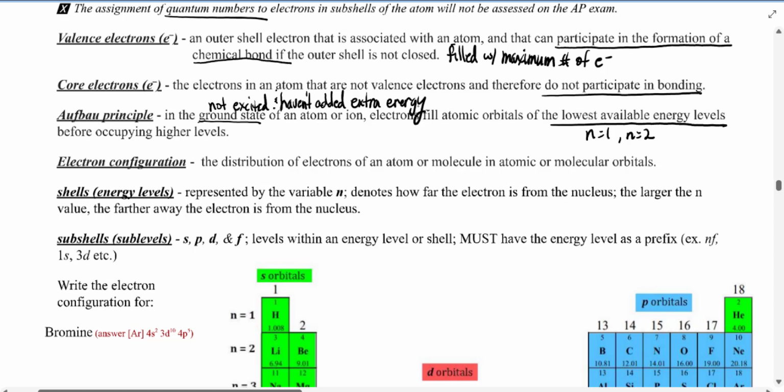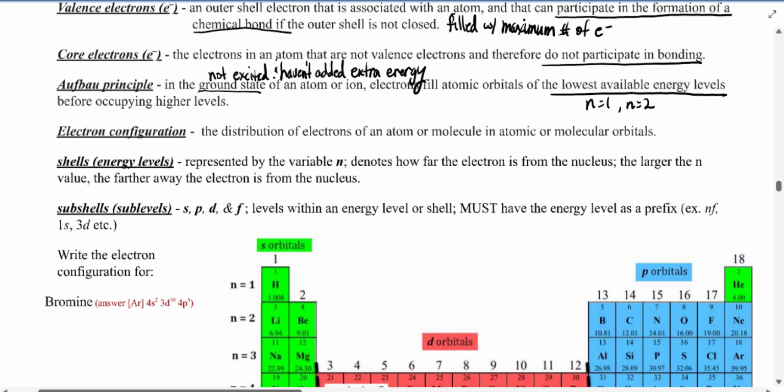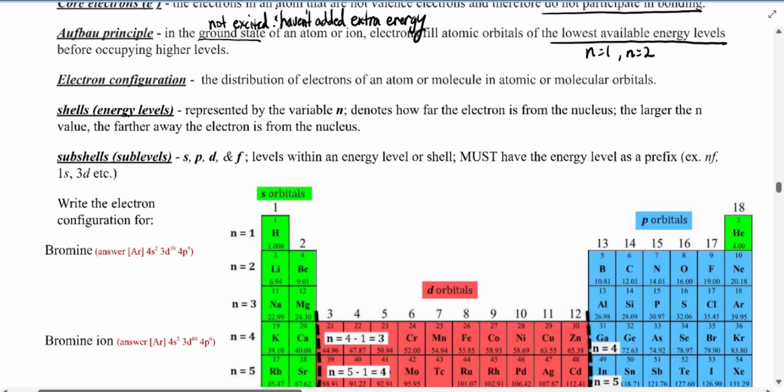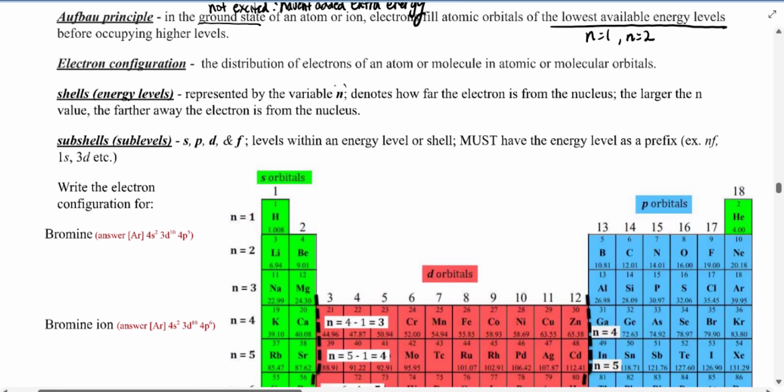Your electron configuration basically tells you the address of your electrons. It's the distribution of electrons in an atom or molecule in the atomic or molecular orbitals. Shells are energy levels. It is denoted by the variable n. It tells you how far the electron is from the nucleus.